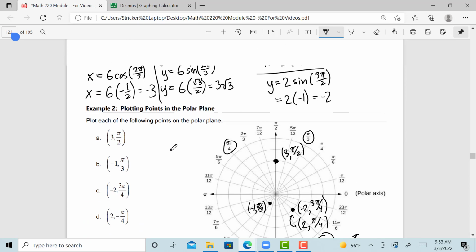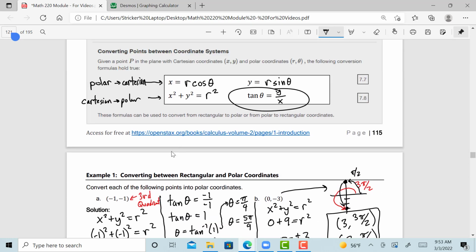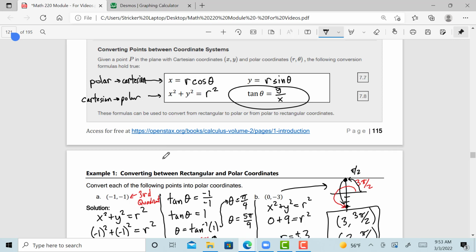Well, we have to go back to our formulas here, right? If we want to put everything in terms of x and y, it needs to look like different things here. So we know that r squared turns things into x squared and y squared. And we know that if we have r cosine, we get x. And we know if we have r sine, we get y. Well, let's go back and look at our equation.